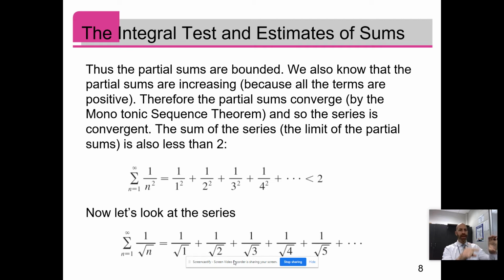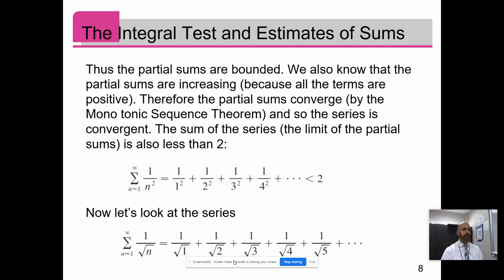So that means that the infinite sum of 1 over n squared from 1 to infinity has to be less than 2. Thus, this series converges. Now notice I'm not telling you what the sum of those infinite number of fractions is. I'm just telling you that we know that it converges, and it's roughly about 1.64 that we mentioned earlier.